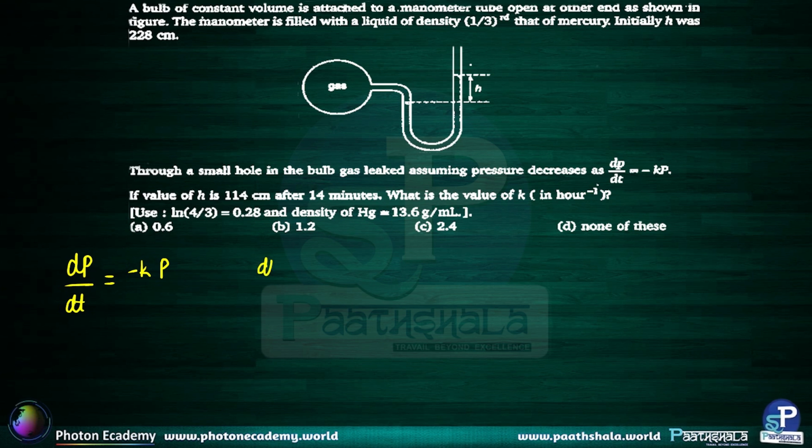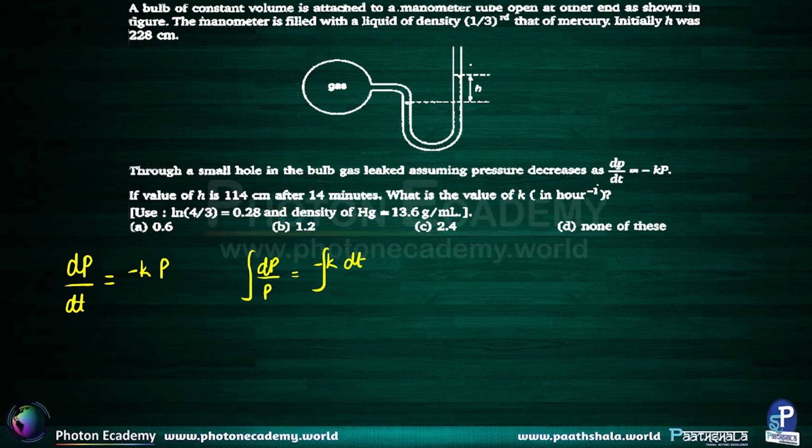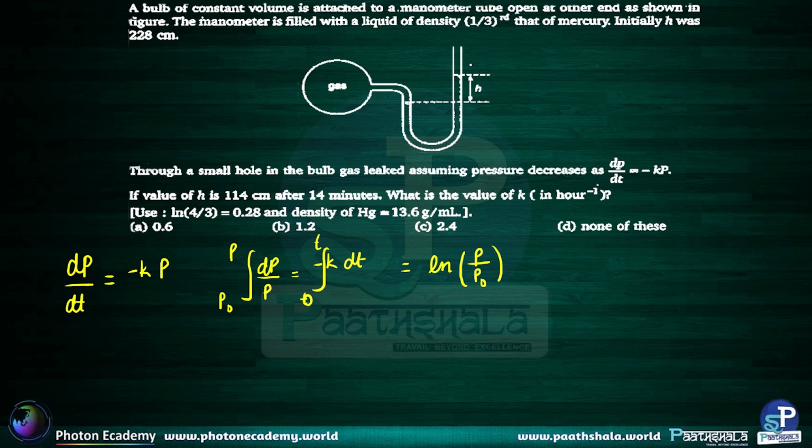It becomes dP by P is equal to minus K dt, and integrating this from P naught to some P, and T is integrated from 0 to T, this comes out to be ln of P divided by P naught is equal to minus KT, or it can be written as P is equal to P naught e to the power minus KT.